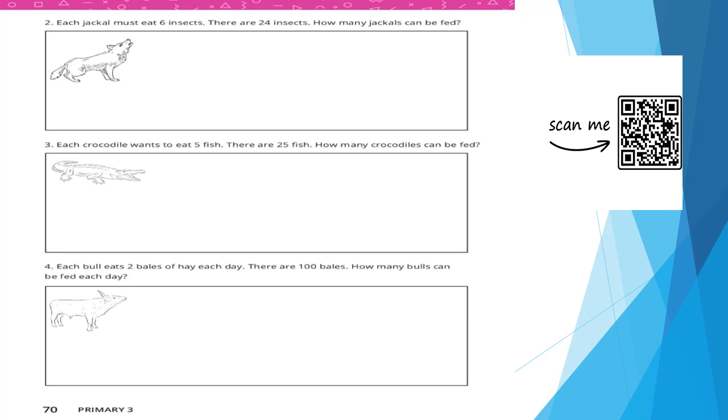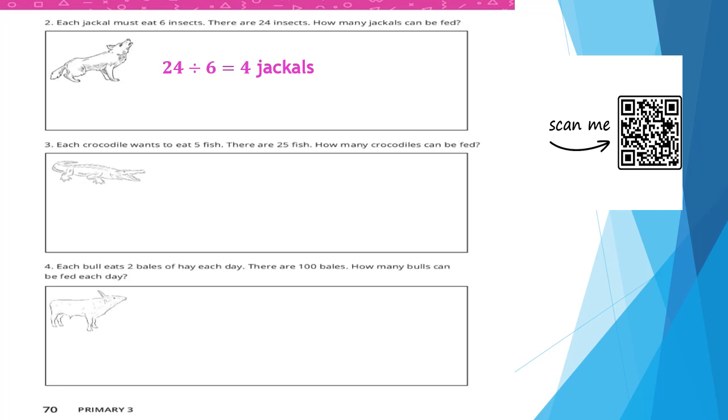So the total number is 24 insects, and each jackal must eat 6 insects. So we will divide 24 by 6. 24 divided by 6 equals 4 jackals. How did you get 4? Again, because 6 times 4 equals 24.